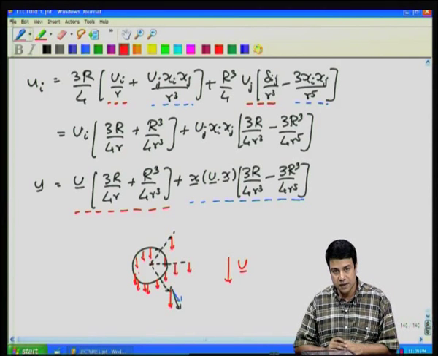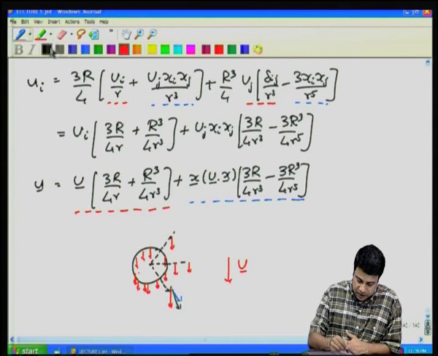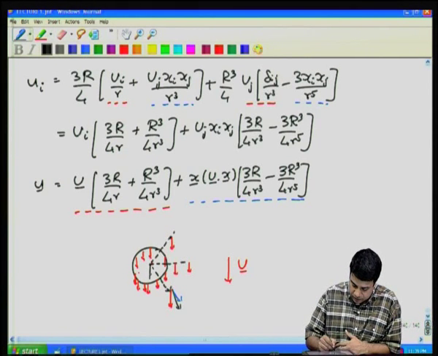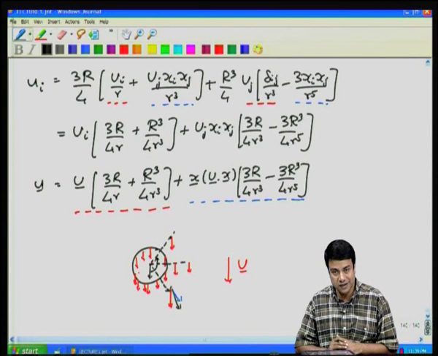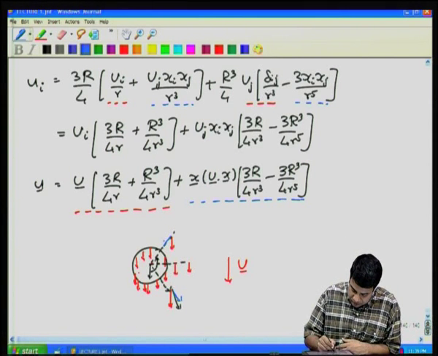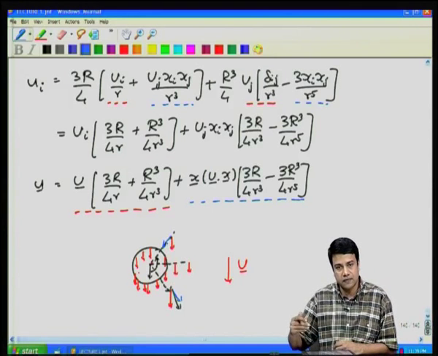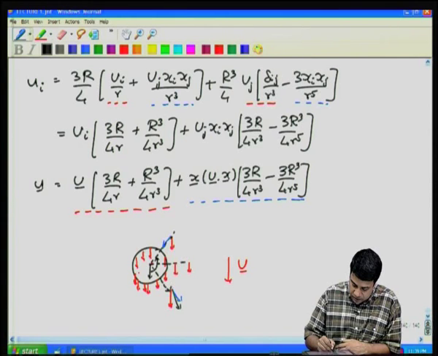U dot x is negative, because the angle between u vector and x vector now is greater than 90 degrees. Okay. The angle between u vector and x vector here, this is the direction of u vector, x vector is in that direction. So, the angle is greater than 90 degrees. So, u dot x is negative. So, you have a velocity that is in this direction, because u dot x is negative. The net velocity is along the inward direction, and the resultant of these two gives me a velocity that looks something like this.